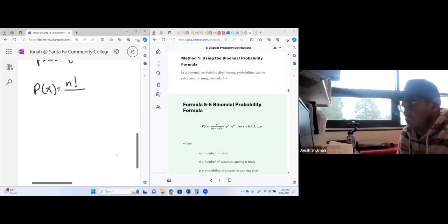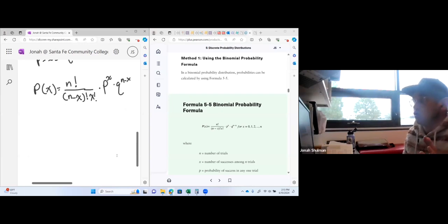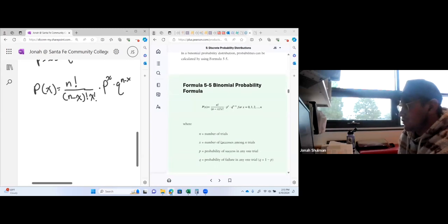And we have n minus x factorial, x factorial, and we're multiplying it by p raised to the x times q raised to the n minus x. There's so much here, so we really have to think about each piece.